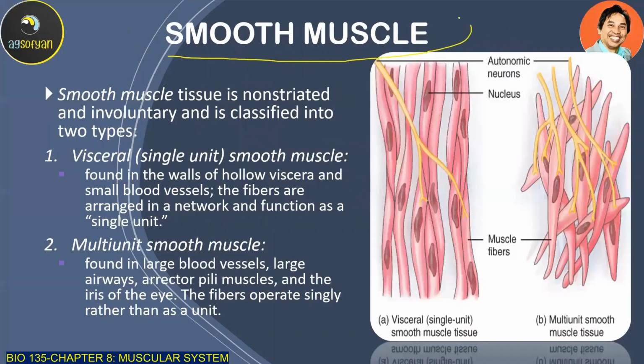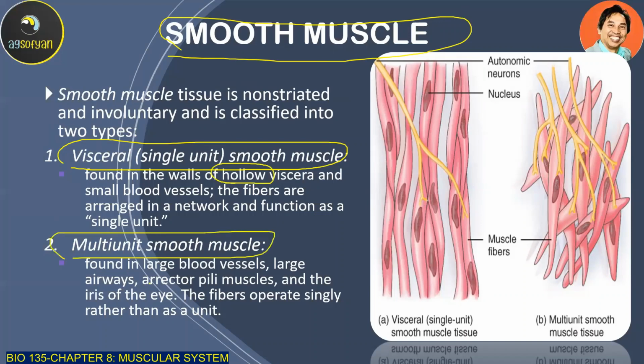Okay, the last type of muscle, the smooth muscle. There are two types, visceral or single unit smooth muscle. This is usually the one located in the hollow organs, GI tract, respiratory tract. And there is multi-unit smooth muscle. This is the one located in the arrector pili, for example. Right? So what does single unit mean?